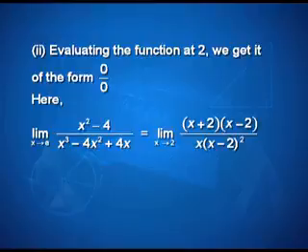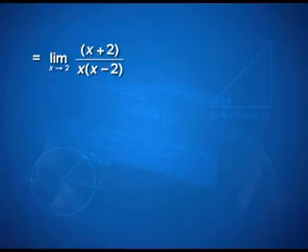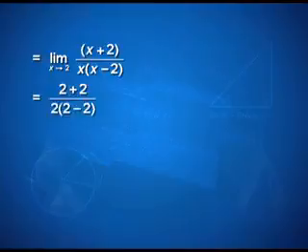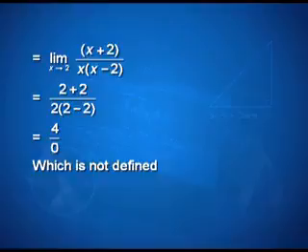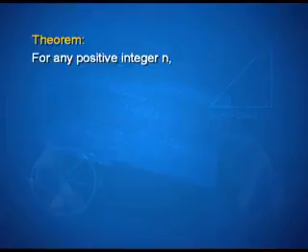Here again you find something common? Yes, x minus 2 can be cancelled out from numerator and denominator, which reduces to limit of x plus 2 upon x into x minus 2 as x tends to 2, that is 2 plus 2 upon 2 into 2 minus 2, that gives us 4 upon 0, which is not defined.